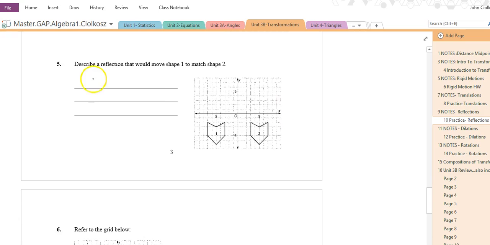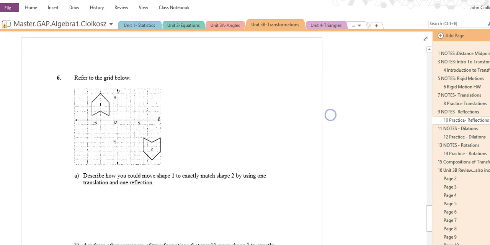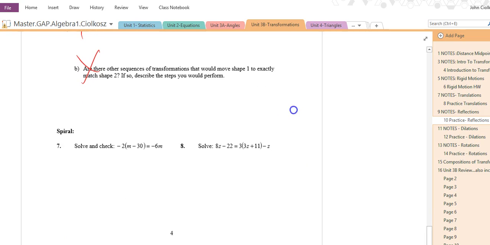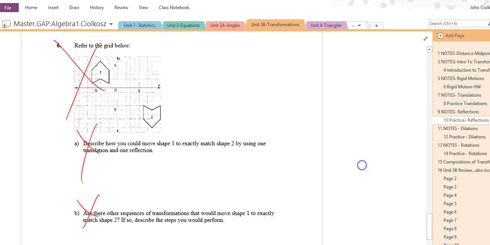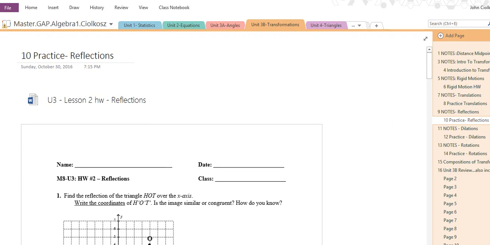This one would work, so I'm looking for either x equals a number or y equals a number. You pick which one is correct, judging by if it's going to be a vertical or a horizontal line. Don't worry about 6. You're working on practice 10 now, and then we'll go ahead and move on to our notes in 11.